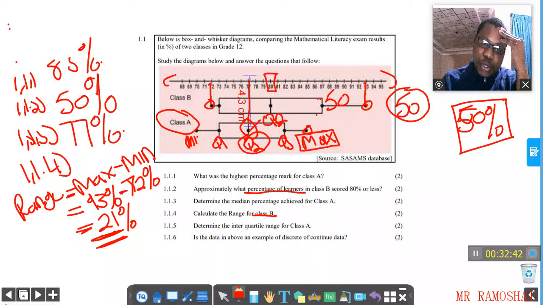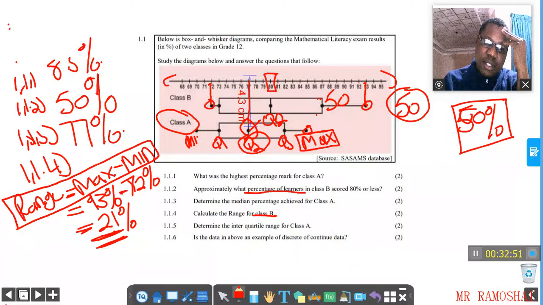So guys, make sure that you write this formula, because in Mathslit these formulas, you'll never get wrong. If you write this formula, you'll never go wrong. This is what I will advise you to do. If you're writing a test, before you even see these questions, at least try to write these formulas down.